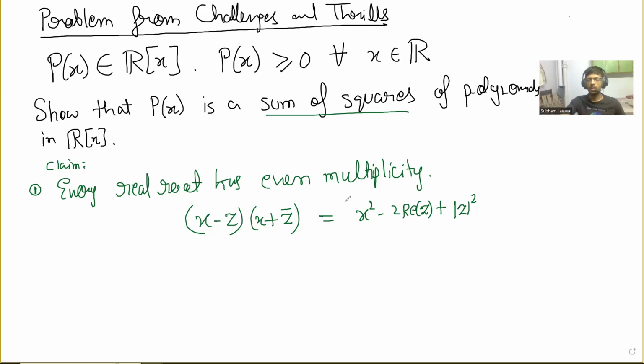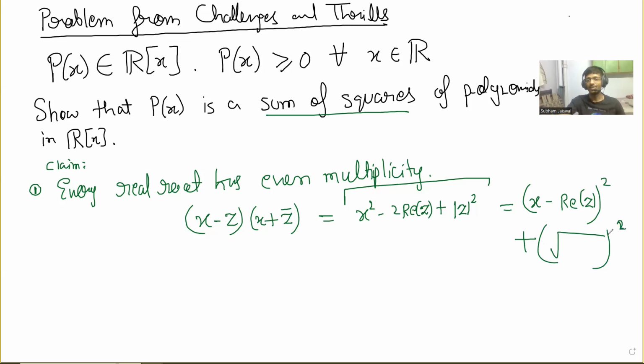Yes, this is the sum of squares, because you can just complete the square. And just use the fact that the modulus of the real part of z is less than or equal to the modulus of z. You have to use that, or something like that.